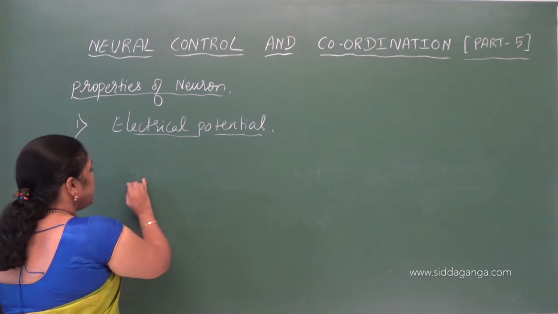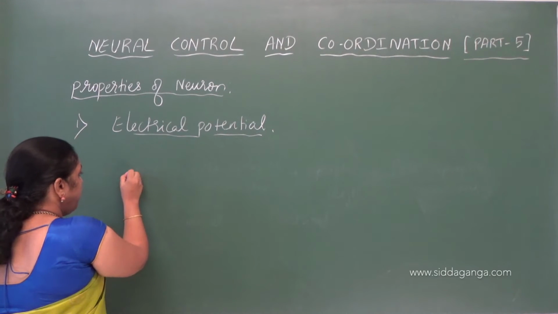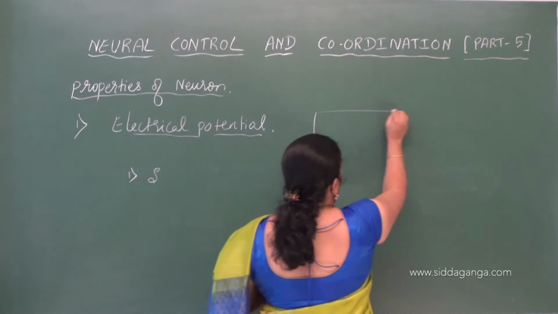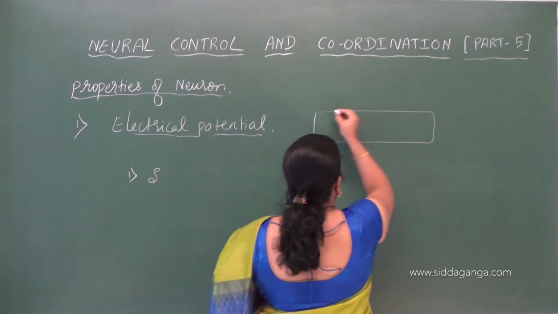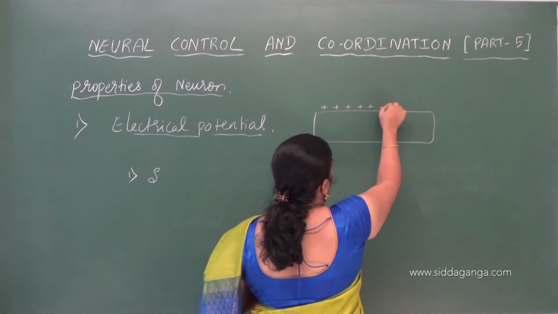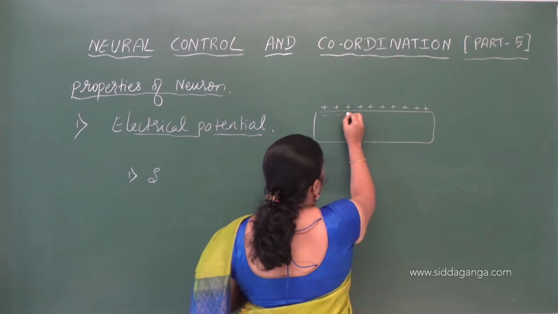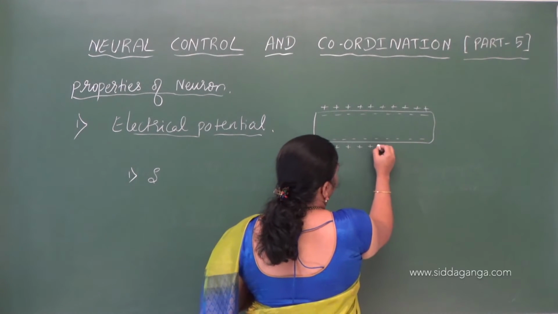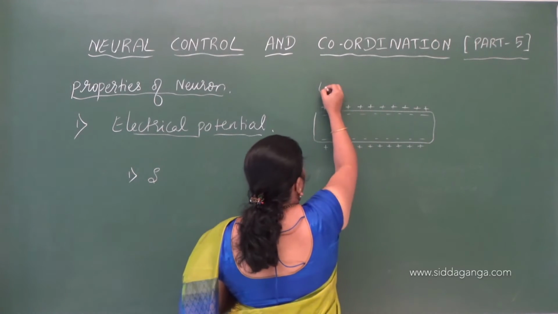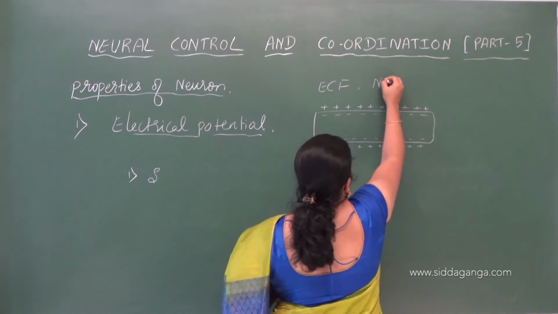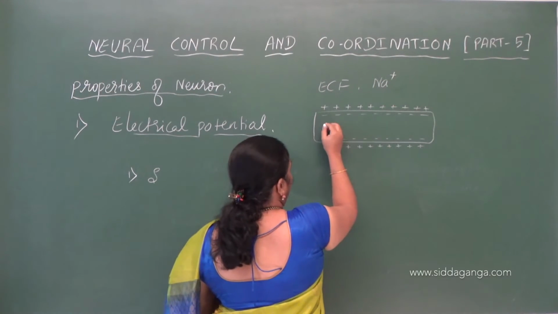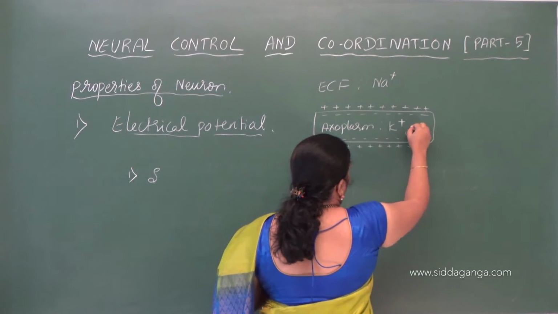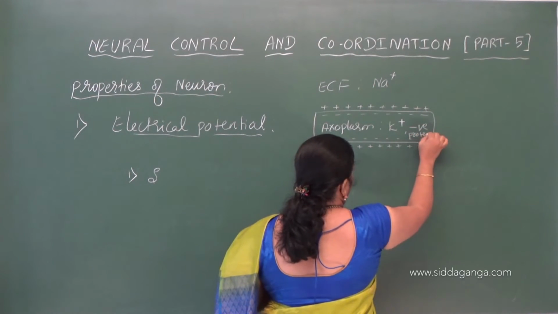This electrical potential in the membrane of the nerve is maintained by the fact that the extracellular fluid, the fluid outside the nerve cell, is rich in sodium ions, whereas the axoplasm is rich in potassium and negatively charged protein molecules.